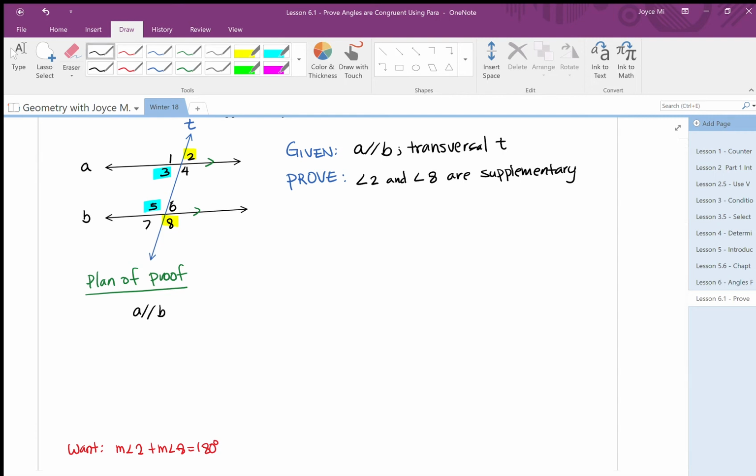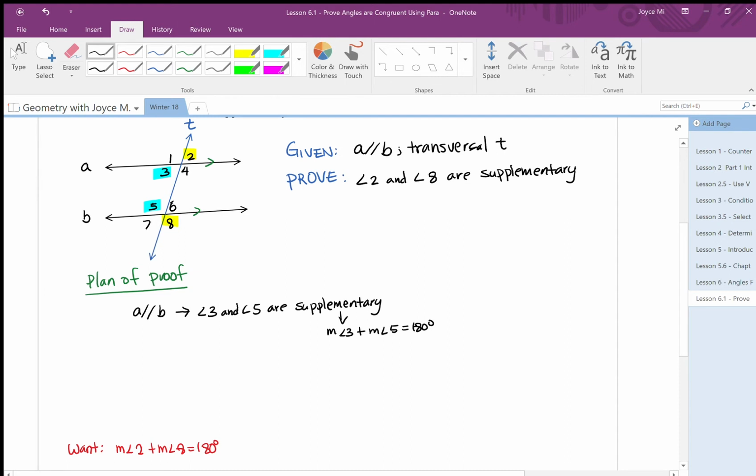So the next step in my plan, I could say angle 3 and angle 5 are supplementary. Well, supplementary means the sum is 180. So I could write that the measurement of angle 3 plus the measurement of angle 5 is going to give me 180.